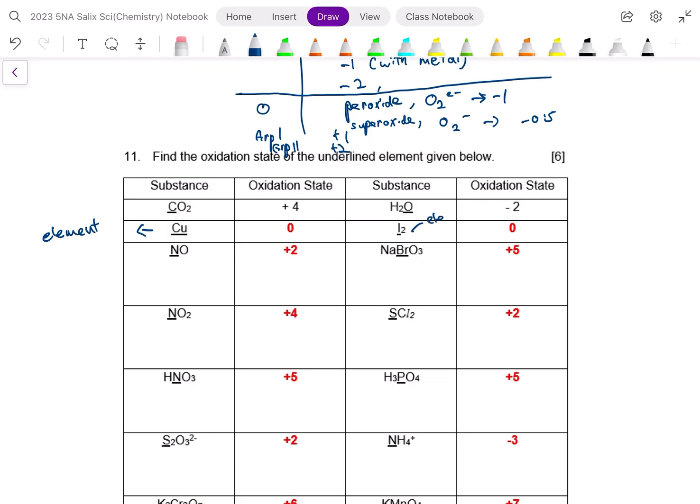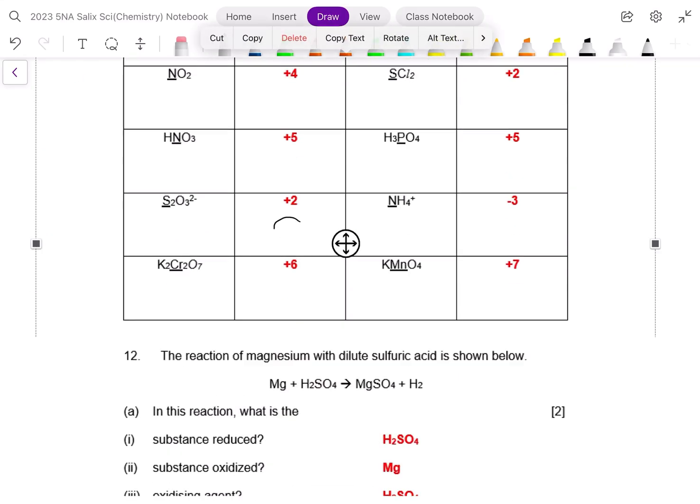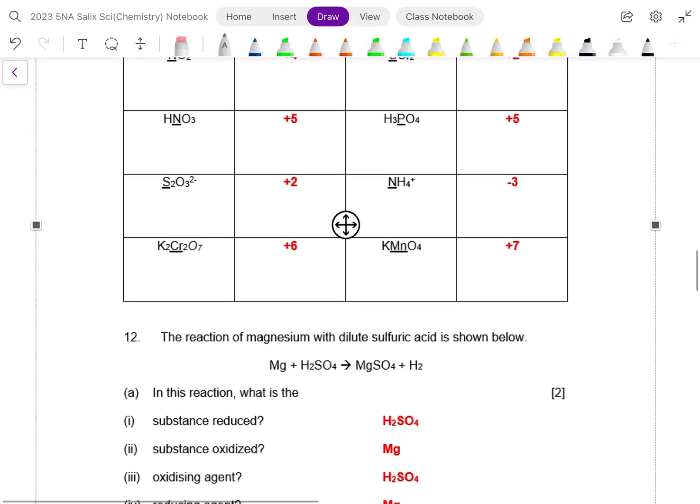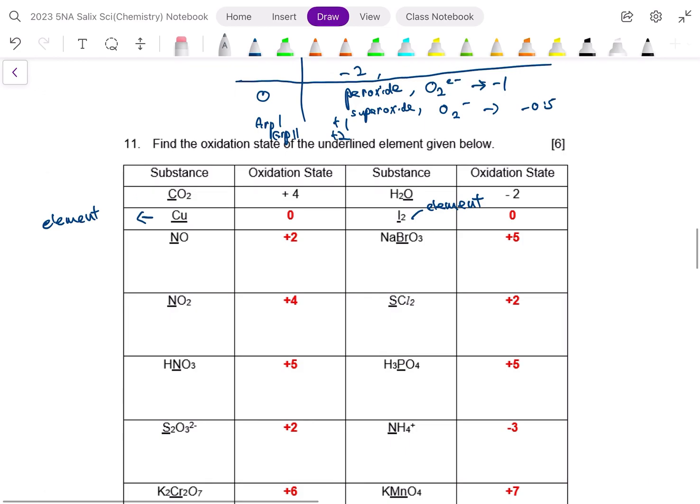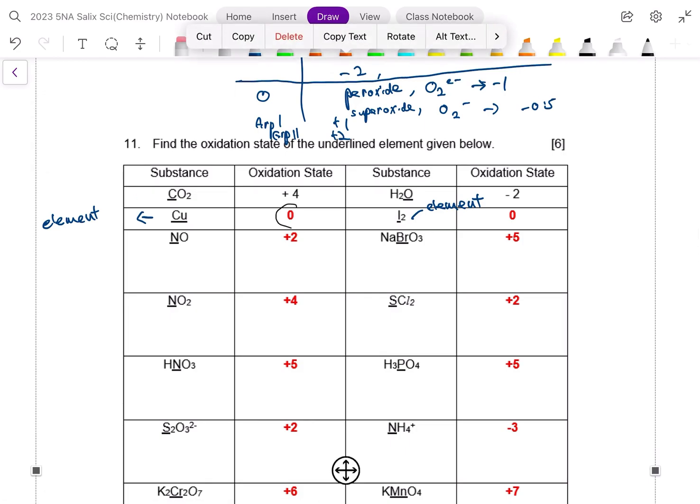When it's an element, it's actually the easiest. The oxidation state is 0. That is pretty simple.